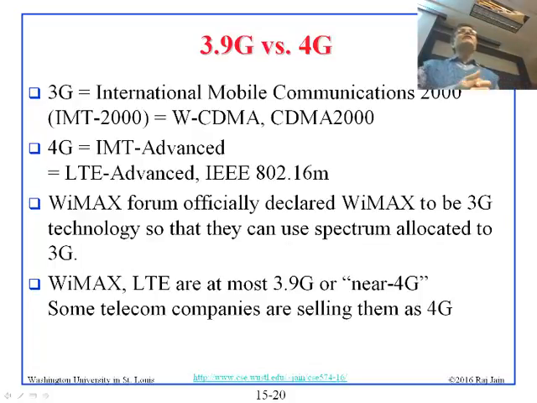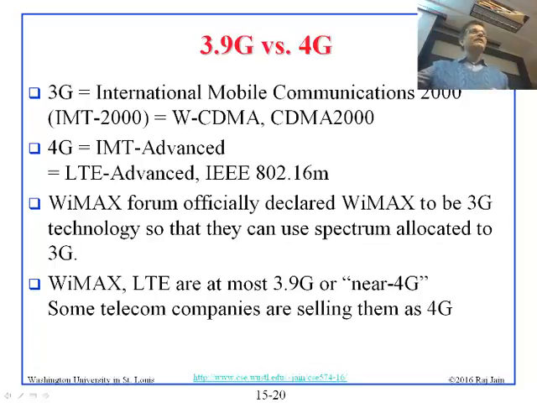Now 3.9 versus 4G, there is a lot of confusion, and actually the confusion is now going away a little bit. But in 2009, basically nobody was sure what WiMAX is, what generation it is. So let me tell you some stories here. At that time, ITU said, okay, we will have the 4th generation that will have these qualities.